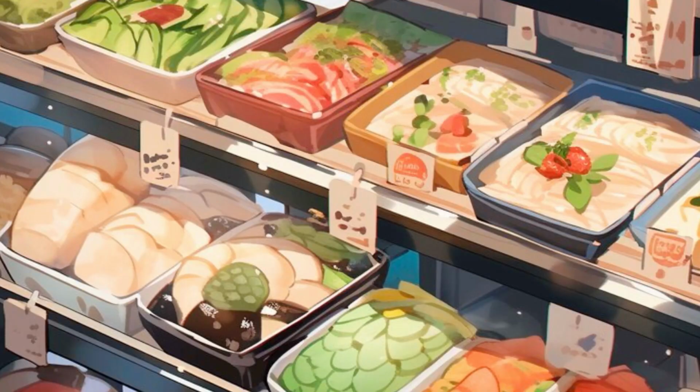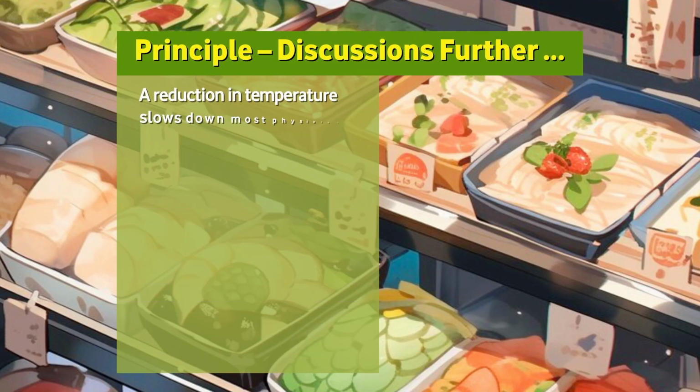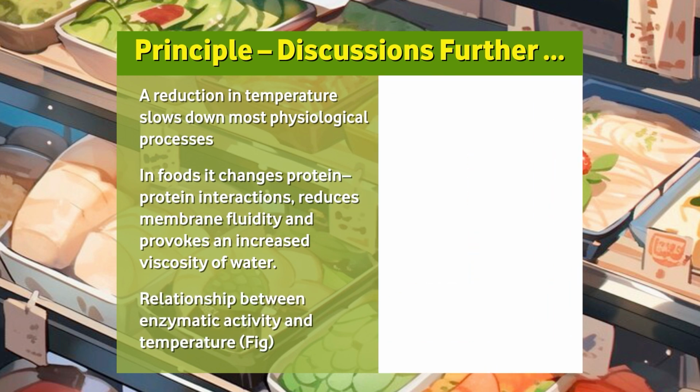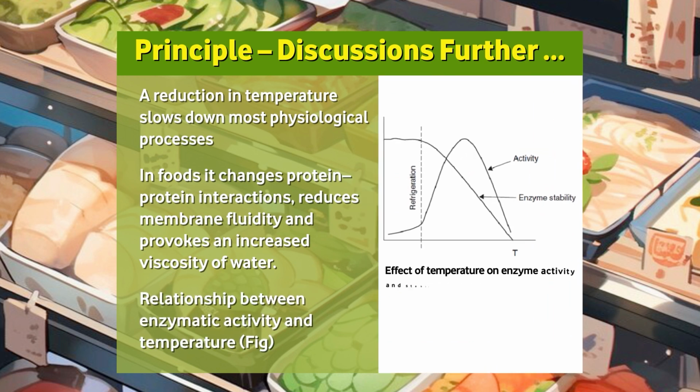Now let us see how reduction in temperature affects enzyme activity. The figure indicates what happens if we keep our product in the refrigeration zone or at a lower temperature. What temperature it should be, we'll discuss a little later.